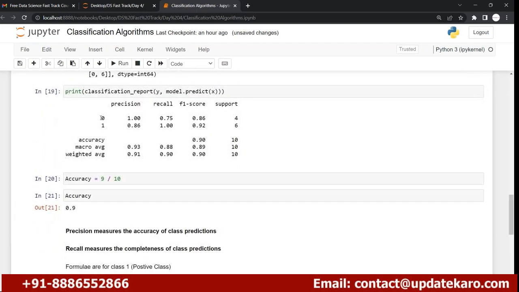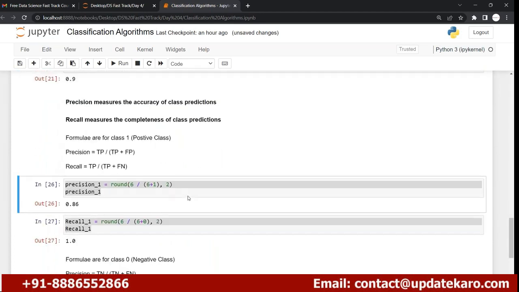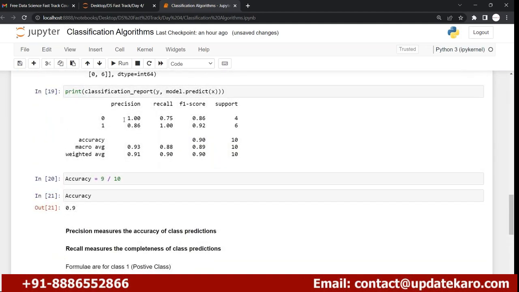Here you will see we created a classification report, and we got the precision, recall, F1 score, support, accuracy and all these things. We cross-checked with the formulas too, which means that our formulas are correct and our precision and recall values are also correct.